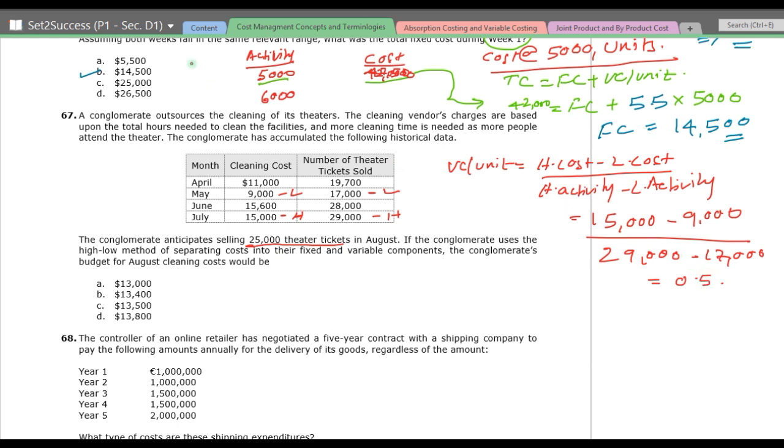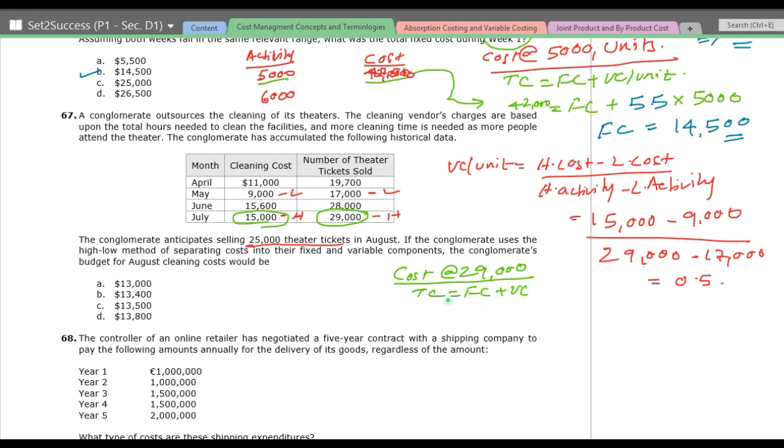Now let us find the fixed cost. At 29,000 units, what is the cost? It is 15,000. So total cost is equal to fixed cost plus variable cost per unit times units.